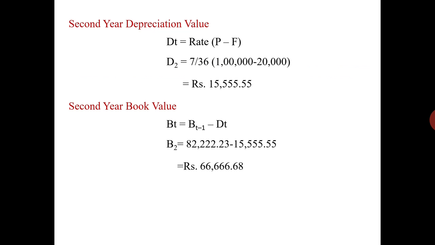Finally we get the second year depreciation value d2 equal to rupees 15,555. The second year book value is calculated through the formula b2, equal to 66,666.68. Likewise, every year the book value and depreciation value are calculated through the suitable formula, substituting the rate of depreciation in the correct way.